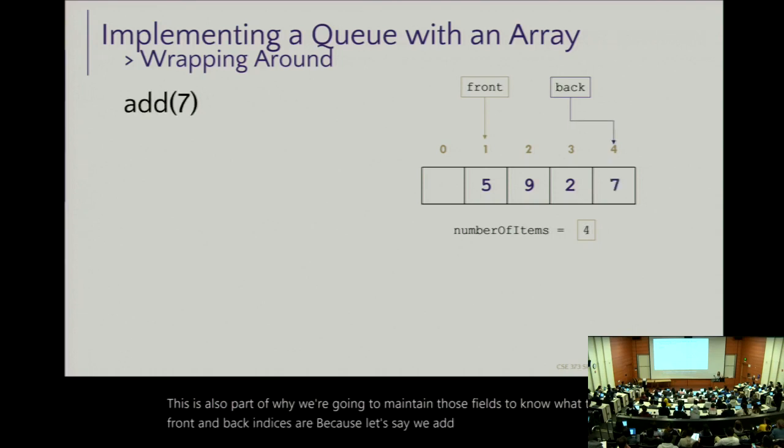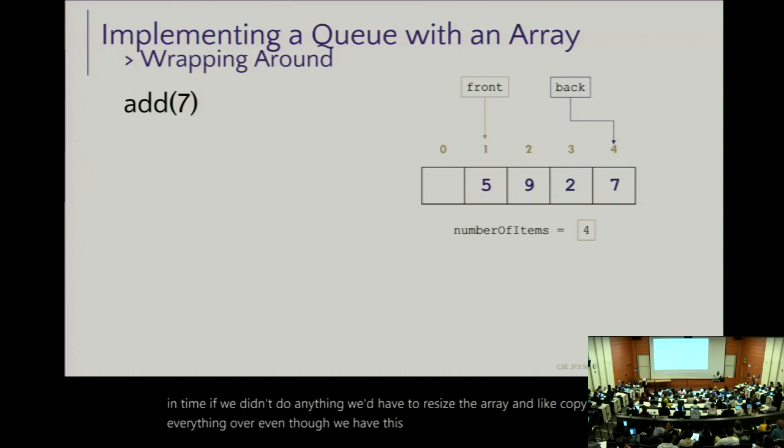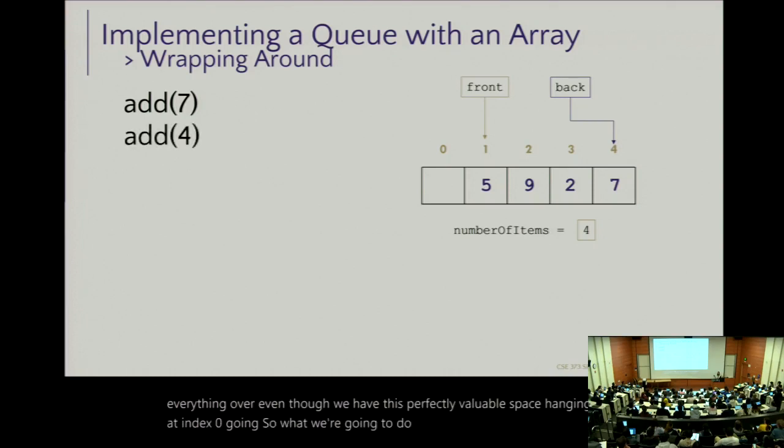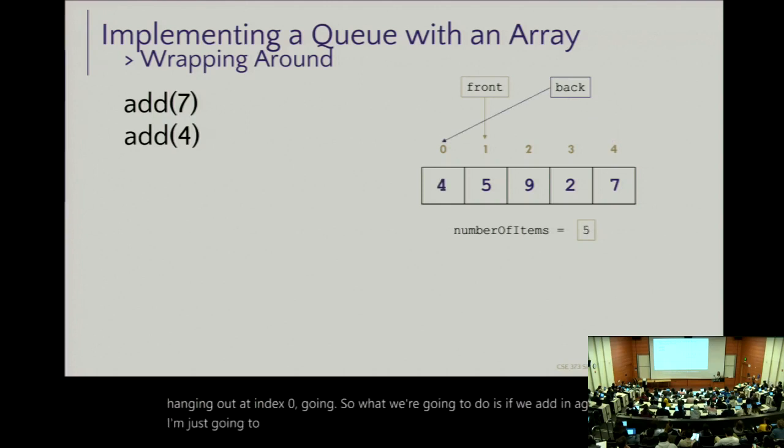Great. Now at this moment in time, if we didn't do anything, we'd have to resize the array and copy everything over, even though we have this perfectly valuable space hanging out at index 0. So what we're going to do is, if we add again, I'm just going to wrap around with my indices. And if my back index is smaller than my front index, then I know I'm in that wraparound situation.